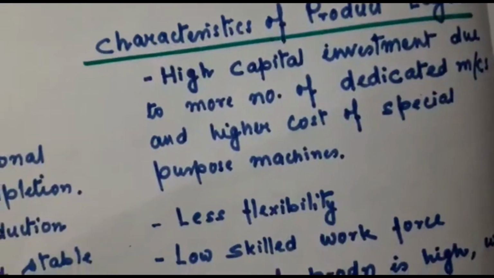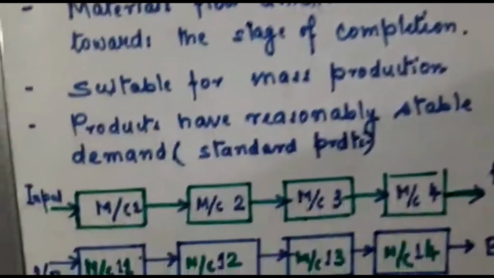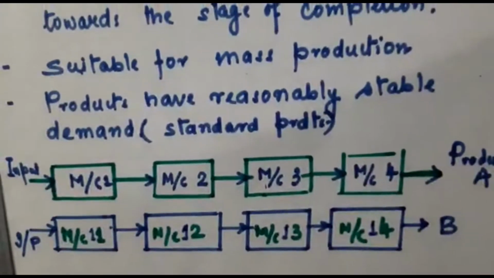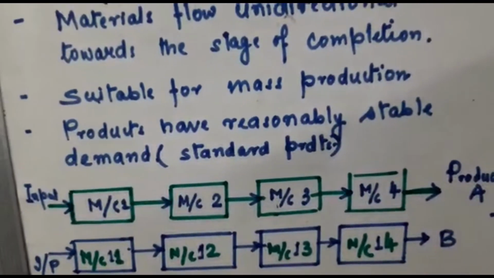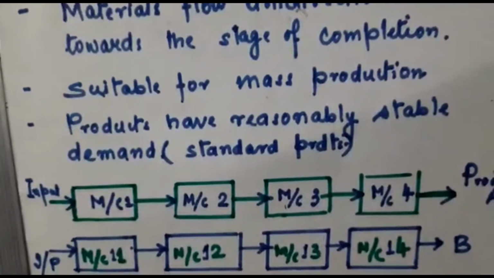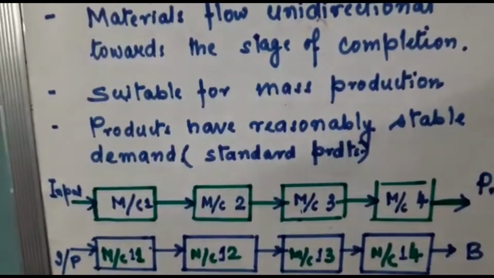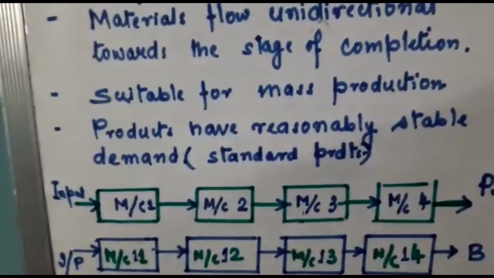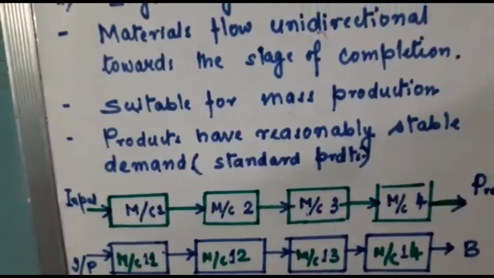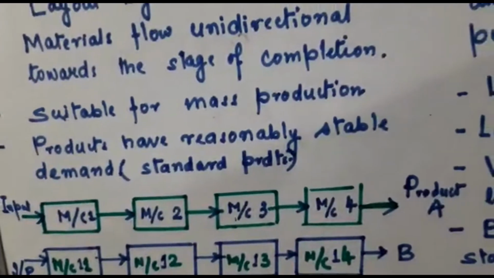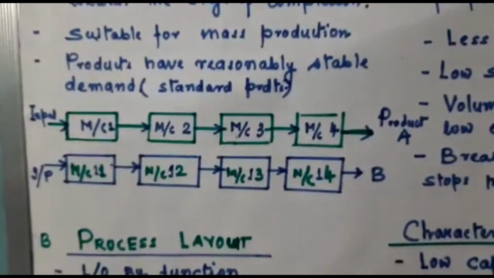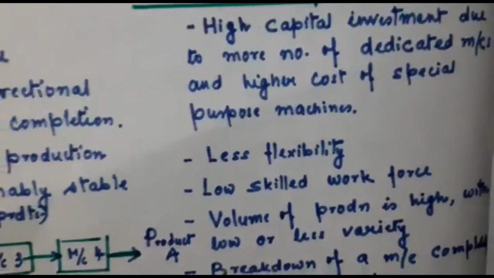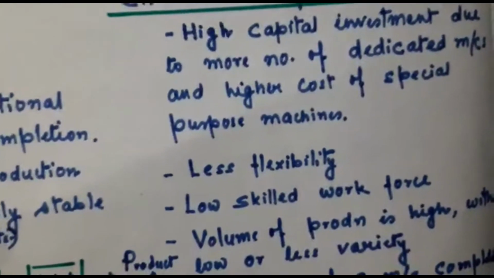So the machine which is used for a particular product line, suppose A, cannot be used to produce another product B. Since it's a dedicated line, that particular dedicated line can be used only to produce product A. Since these are completely dedicated lines, one of the characteristics of product layout is it has got less flexibility.